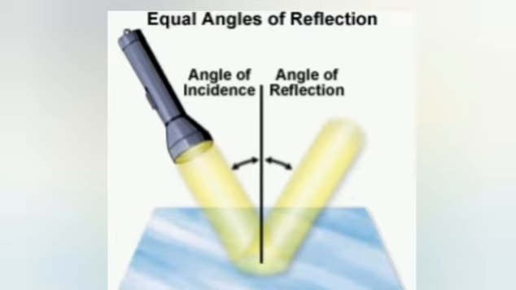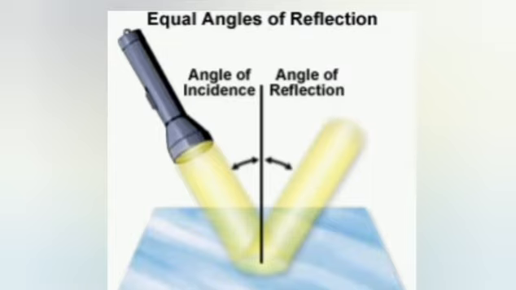You switch on your torch and allow the light to reflect on a plain wall, and you will see that it's as if there is a reflection of the light at the back.